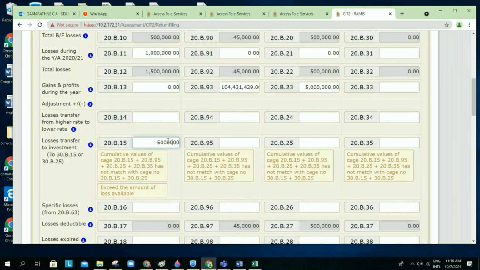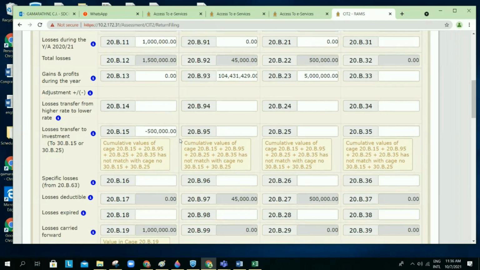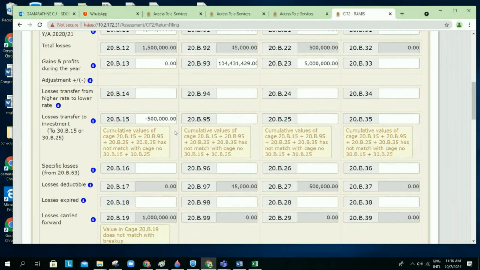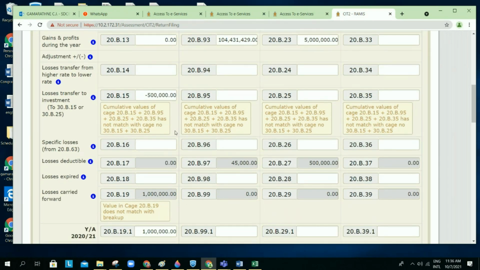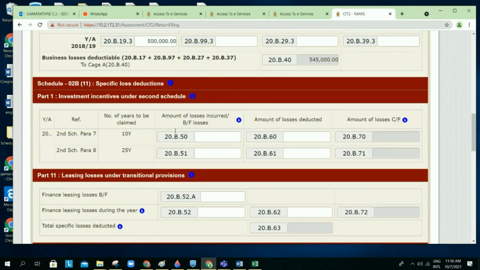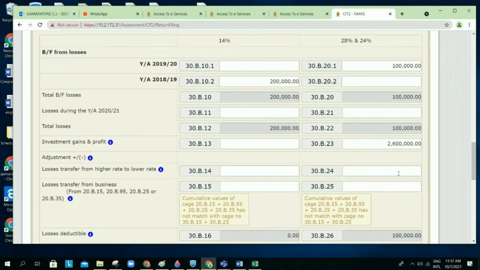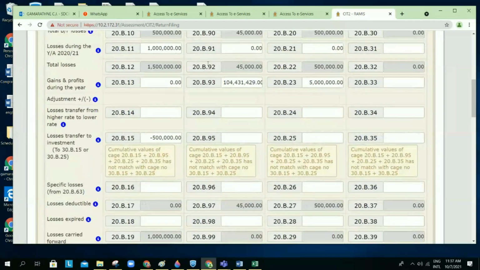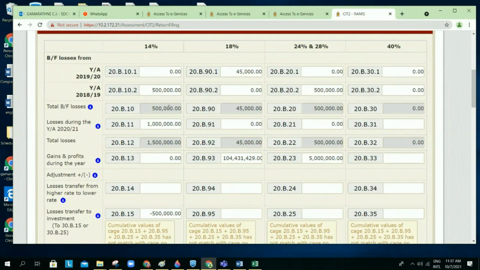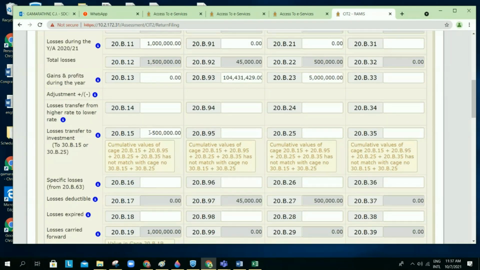I mistakenly entered the incorrect value. Therefore, I try to transfer 500,000 to claim from the investment profit. But there is no profit there. Therefore, I can't claim from the investment, because I have profit at 28%, but this loss was incurred under the 14%. Therefore, I can't claim that. Then I remove this.